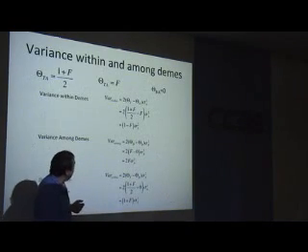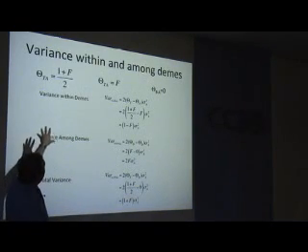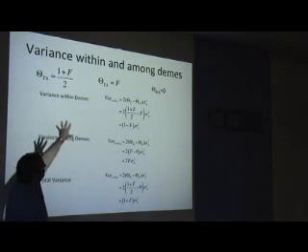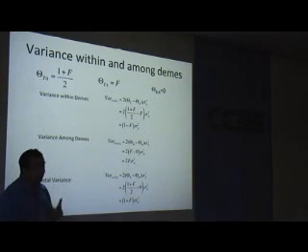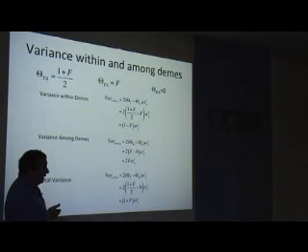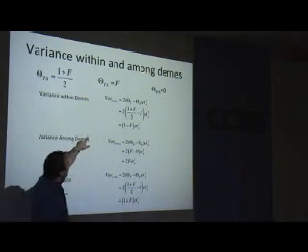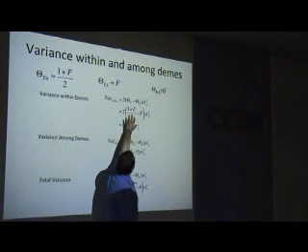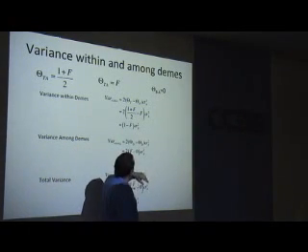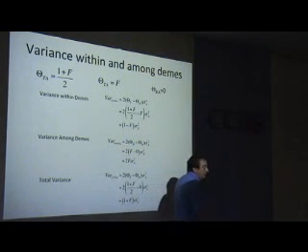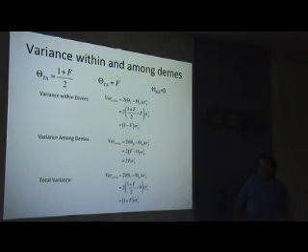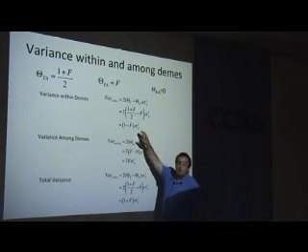Anyway, the beauty of this is that we can actually use those numbers, those co-ancestries, to easily calculate variances. And the variance within populations turns out to be 2 theta t minus theta d. You do the math, and that's what we get. 1 minus F times the variance within populations.